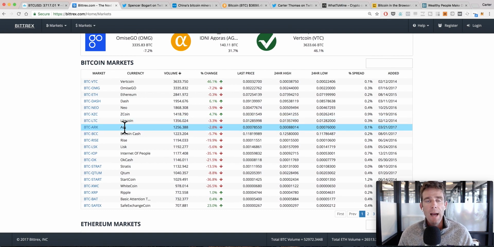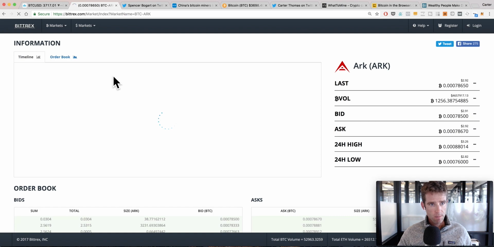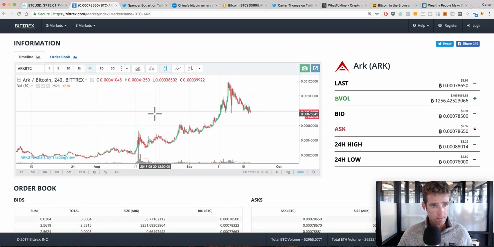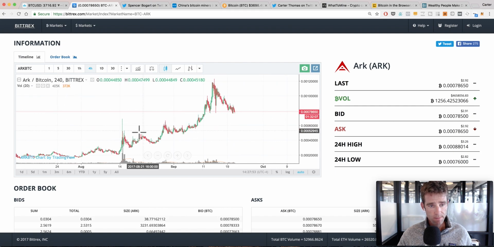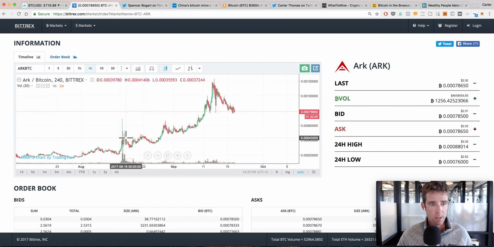One that I didn't have on my list that I was watching is ARK. The only reason I'm saying this is that I own a little bit of ARK. When you look at the 4-hour chart in Bittrex, you can see this has done really well, and I can hit the log, right? Same sort of deal.